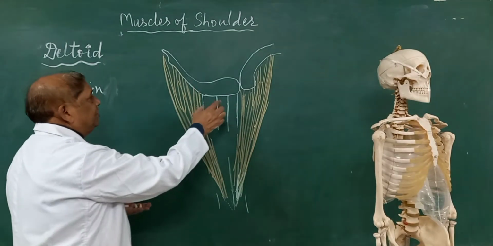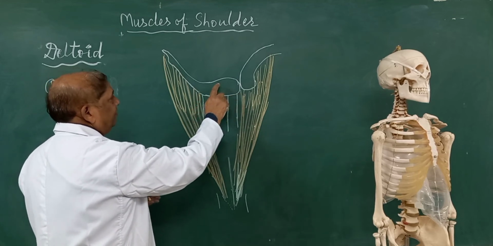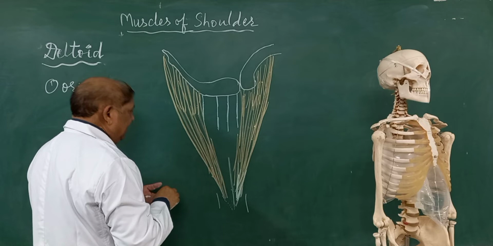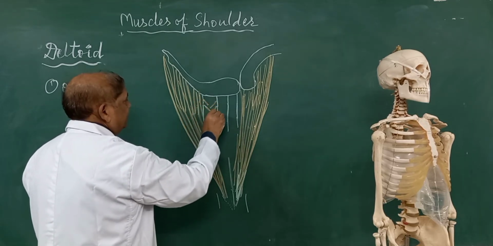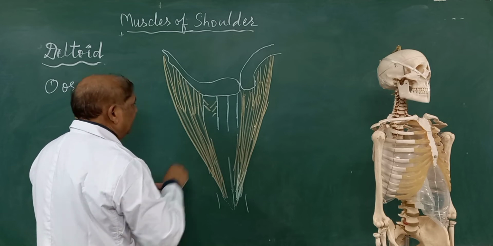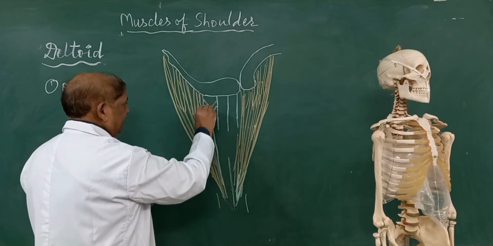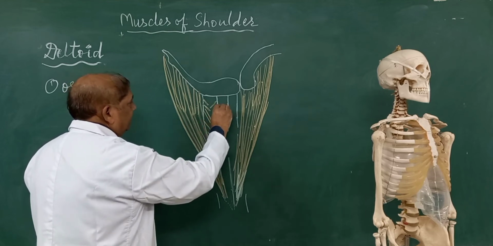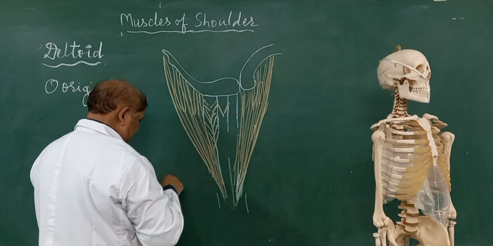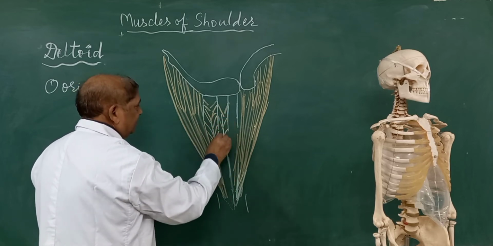But the intermediate fibers, which take origin from the lateral margin of the acromion process, are multipinnate. These are short fibers which take origin and then go and insert onto the intermuscular septa.